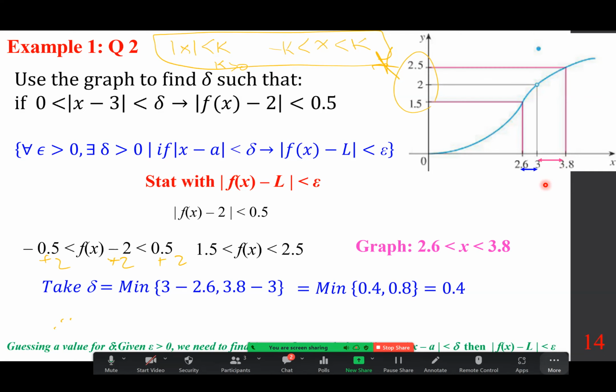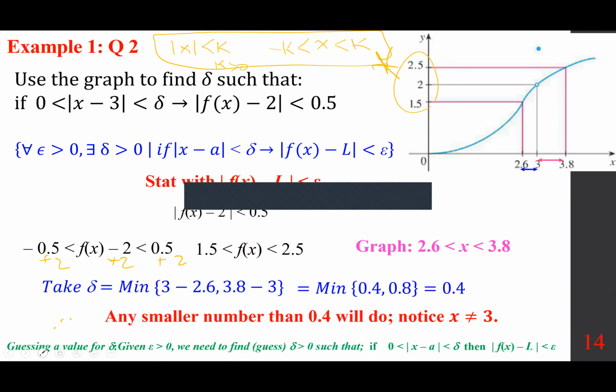As you can see, the distance between these two is 0.4, right? Between these two, 3.8 minus 3 is 0.8. You always have to take the smaller of the two. In this case, the answer is 0.4. And any smaller number will do the job.